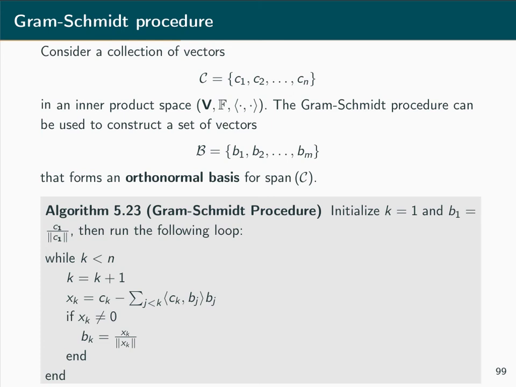The way the Gram-Schmidt procedure works is described in algorithm 523.